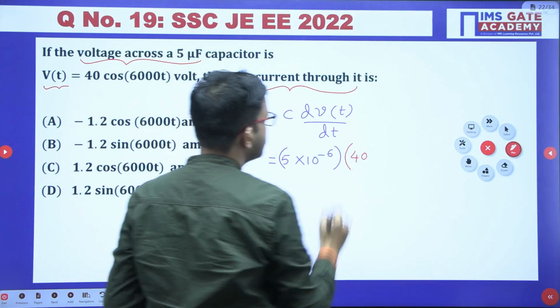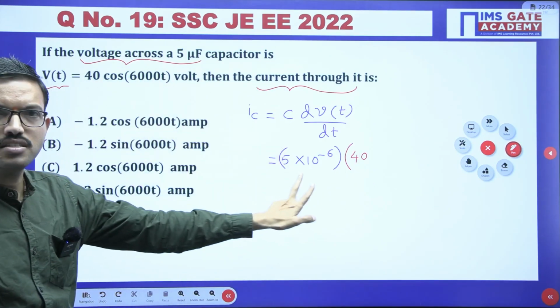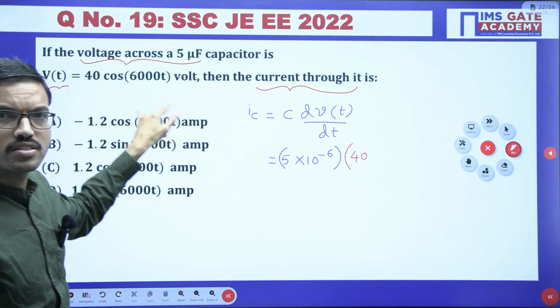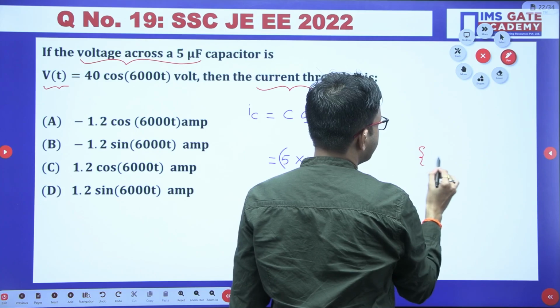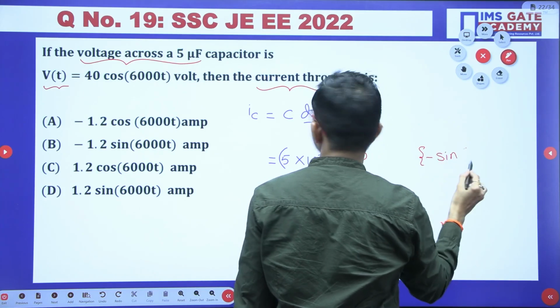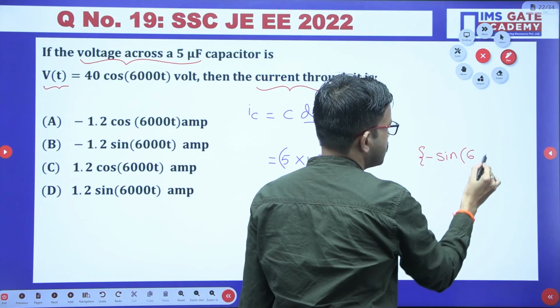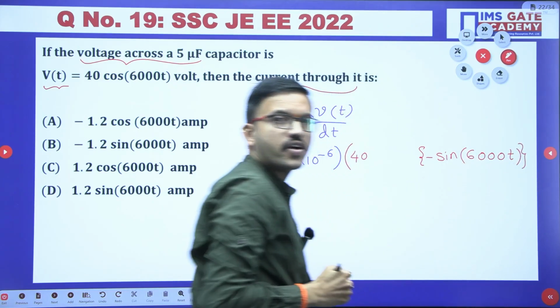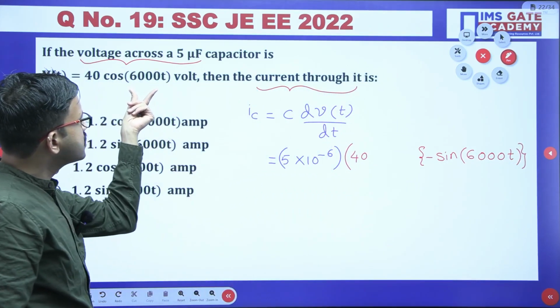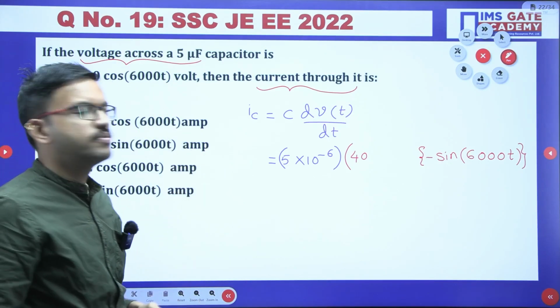Here 40 is the constant, we can keep it as it is. Now the derivative of the cos term, you will be getting a minus sign. 6000 t as it is. Then regarding this 6000 t, once again you have to perform differentiation.